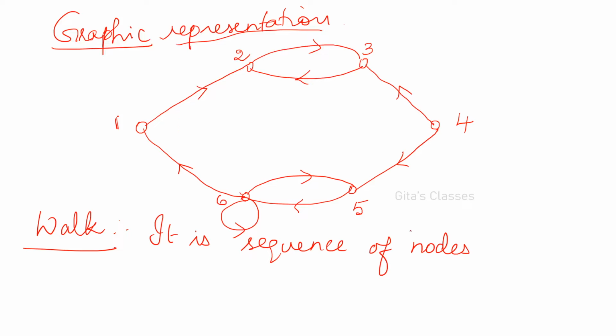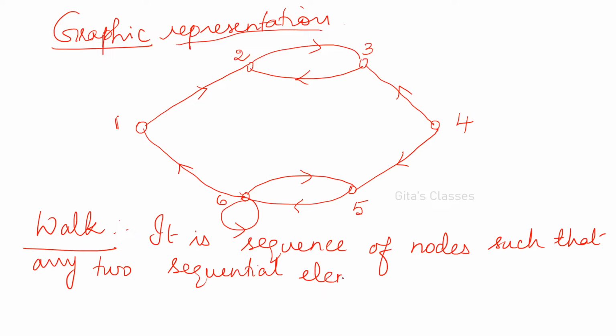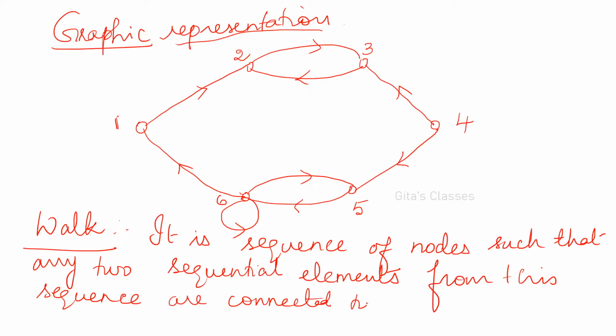So it is a sequence of nodes such that any two sequential elements from this sequence are connected to each other by an arc, a single arc or a sequence of arcs also.